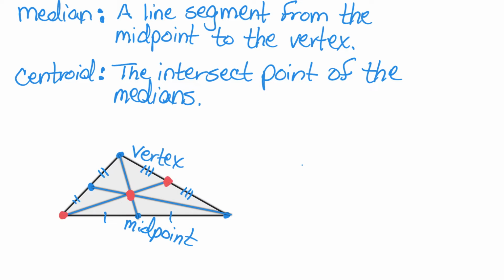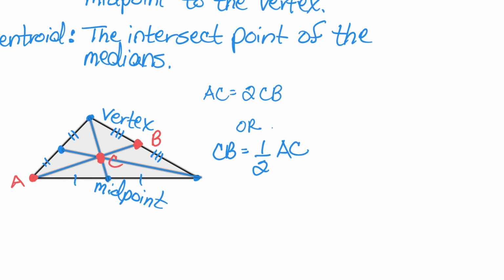Now, let's look at the properties of the centroid. I'm going to choose specifically this line so that we would know how to use the properties of the centroid. One property is that AC is going to be twice the length of CB.